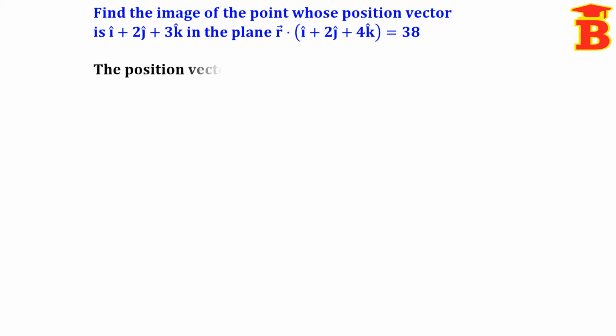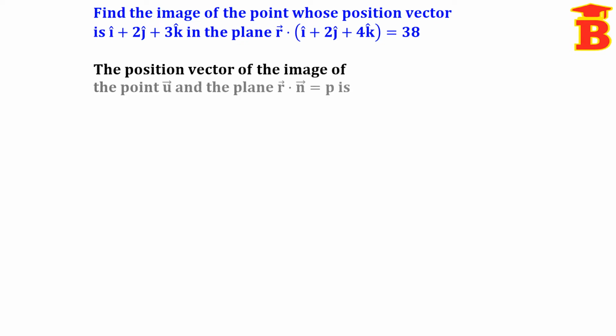First write the formula. The position vector of the image of the point u vector and the plane r vector dot n vector equal to p is v vector equal to u vector plus 2 into p minus u vector dot n vector divided by modulus n vector square into n vector.